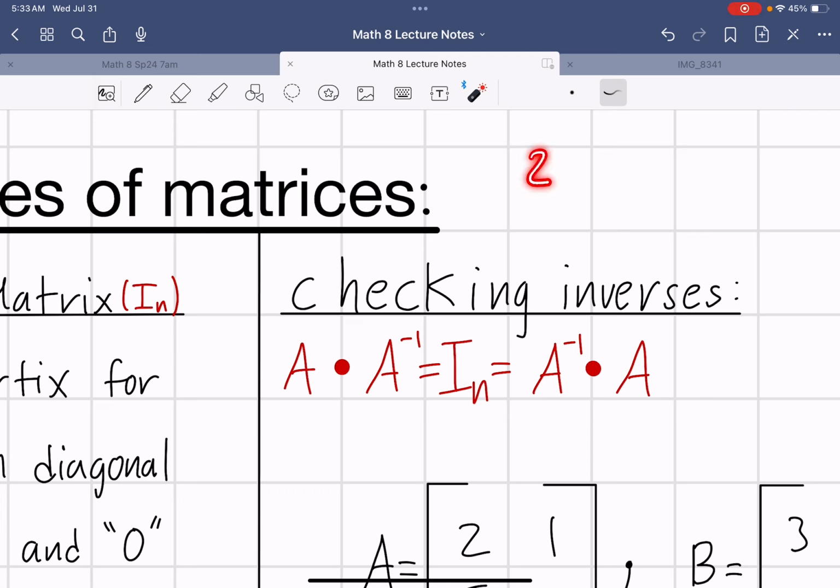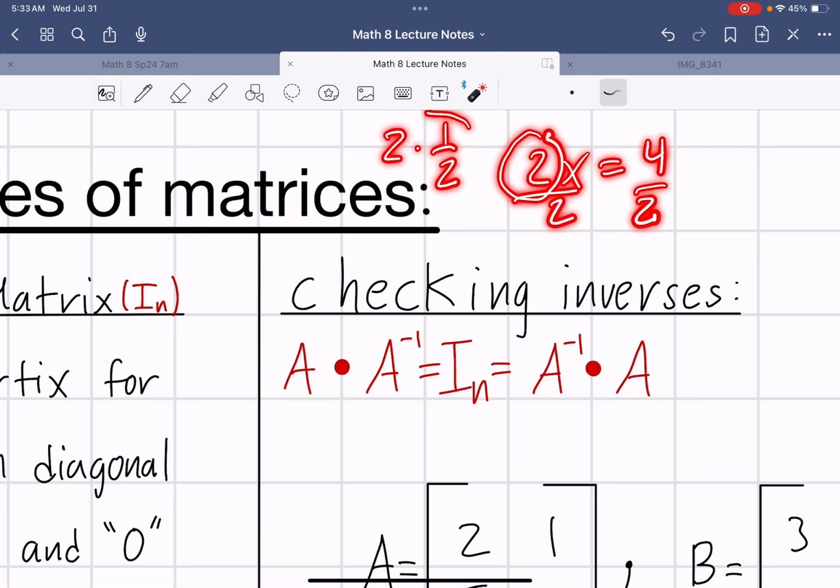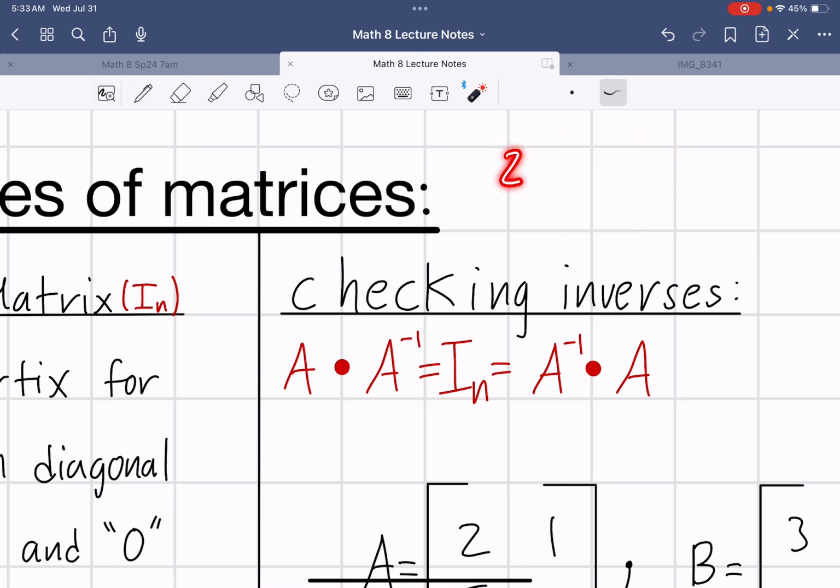Now let's say, for example, 2x is equal to 4. To simplify this 2, you would divide both sides by 2. But what you're really doing is taking 2 and multiplying it by a half, because 2 and a half are inverses of each other. Because 2 times a half leaves me with 1, which is known as the multiplicative identity.